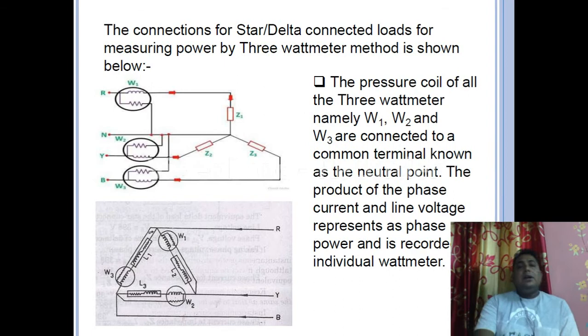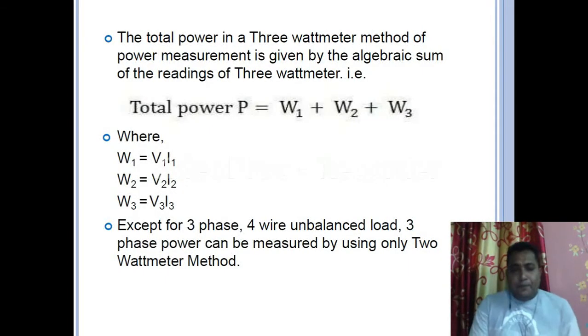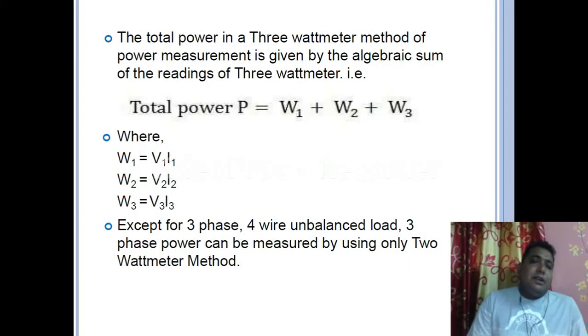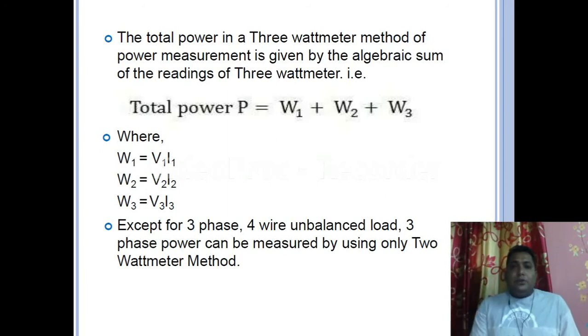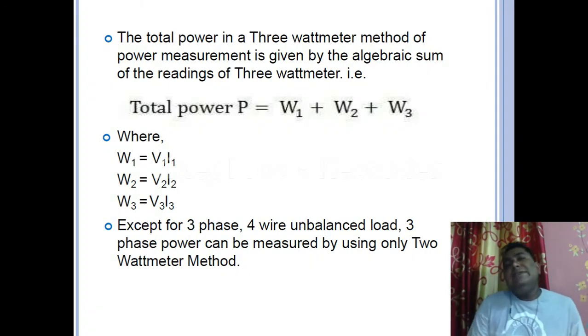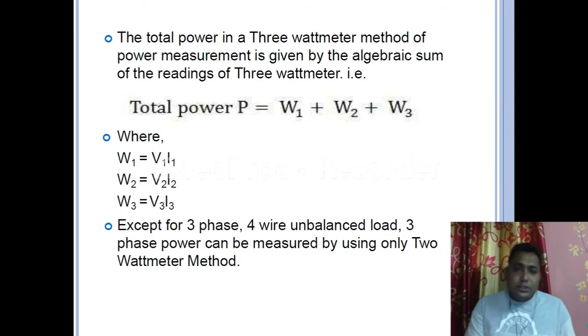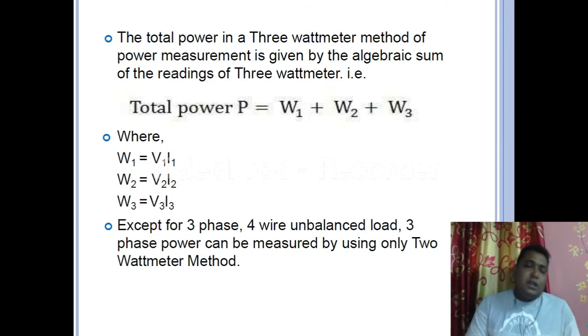So let us come to the next slide. Yes, that was our connection diagram. Each individual wattmeter is showing us some result, correct? So we will add all those readings and get the total power. As you can see, the total power P is given by W1 plus W2 plus W3, where W1, W2, W3 are V1 into I1, V2 into I2, V3 into I3.